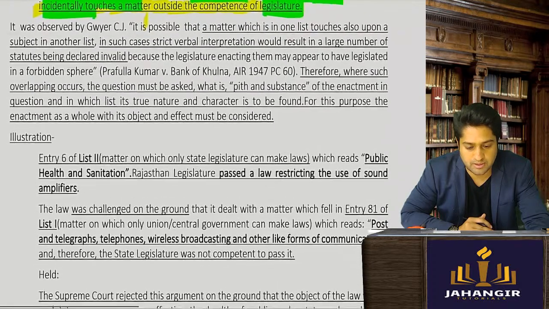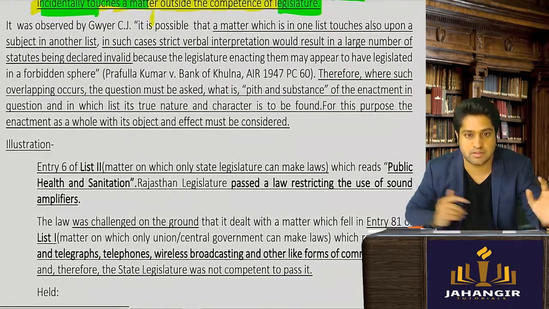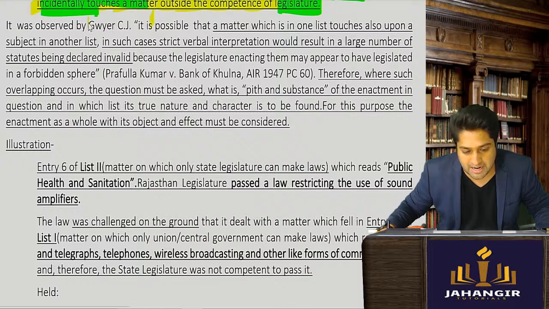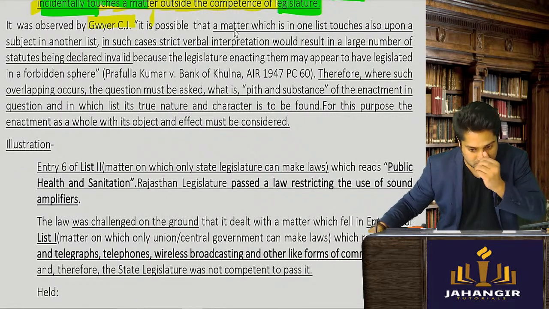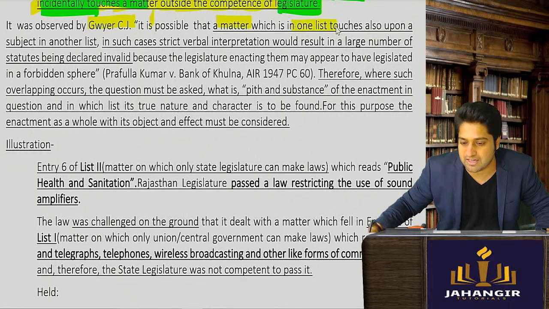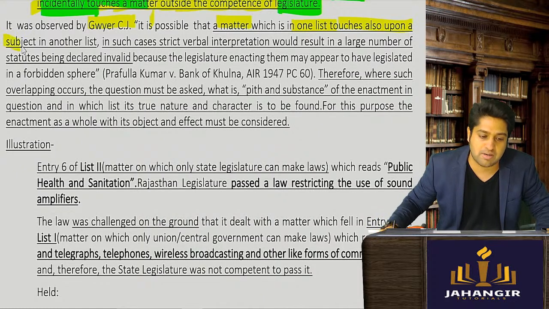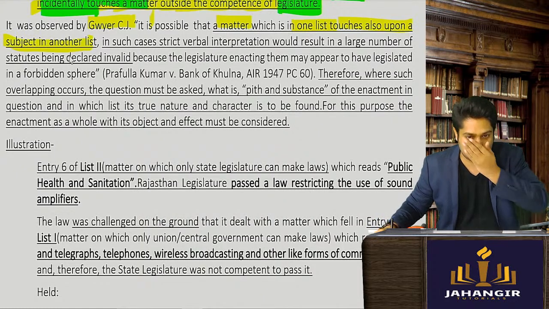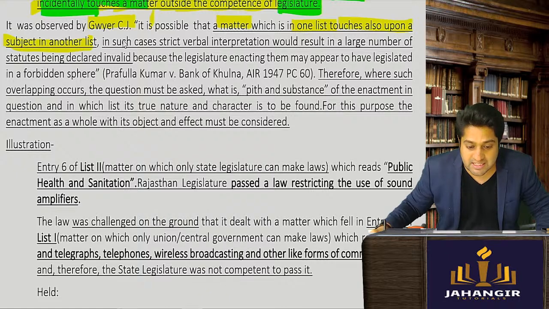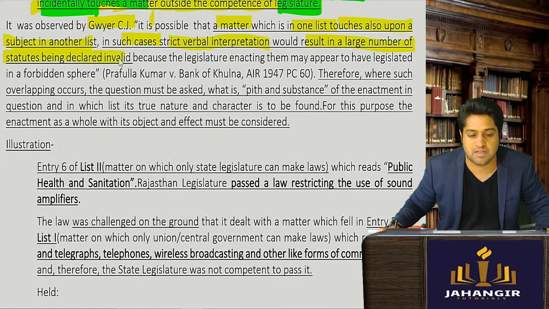It was observed by Grover that it is possible that a matter which is in one list also touches upon a matter of another list. In such cases, strict verbal interpretation would result in a large number of statutes becoming invalid.